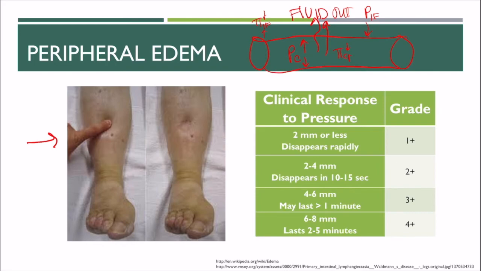We are drastically increasing the interstitial hydrostatic pressure. We're decreasing the size of the container of the interstitium. We're elevating the interstitial hydrostatic pressure to drive the fluid back into the vessel.